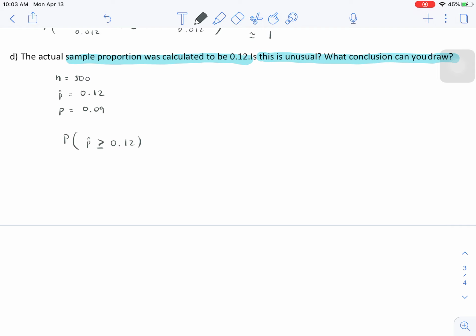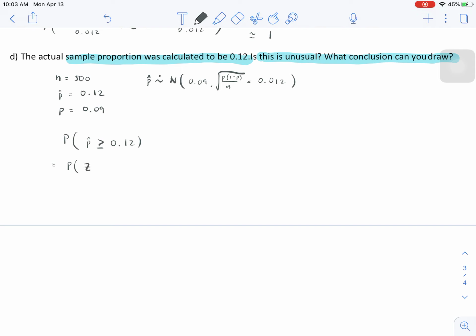In other words, what's the p-value? So recall that by the central limit theorem, we know that the sample proportion is distributed normally with mean equal to the population proportion and standard deviation equal to the square root of p times 1 minus p over n, the whole thing square rooted, which we said was 0.012.